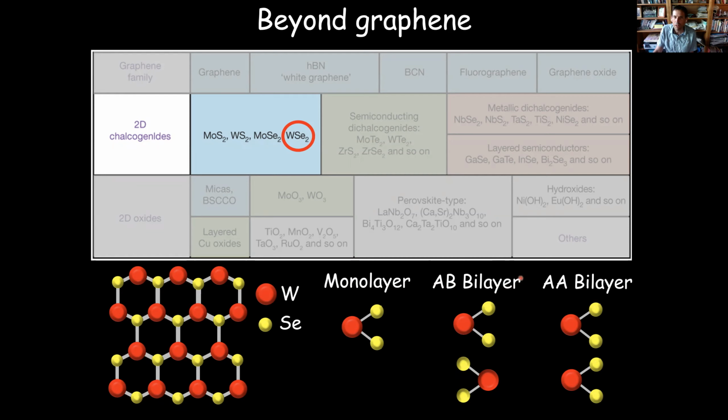There's the usual Bernal stacking, AB, where you'd have a tungsten over a selenium, or you can have this AA stacking where you put the lattices directly on top of each other. You'll notice there's essentially a 180-degree rotation here. This layer is the same, these 2 line up, this one is rotated 180 degrees. And so there's an extra degree of freedom using these materials that you don't have in the graphene.